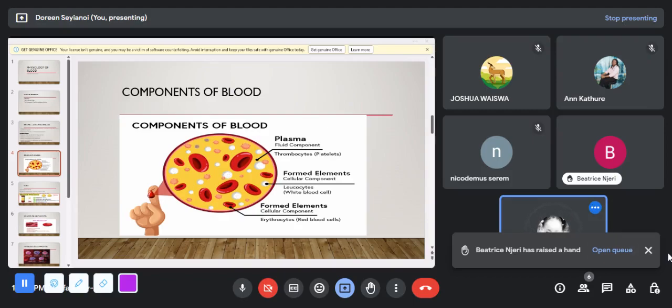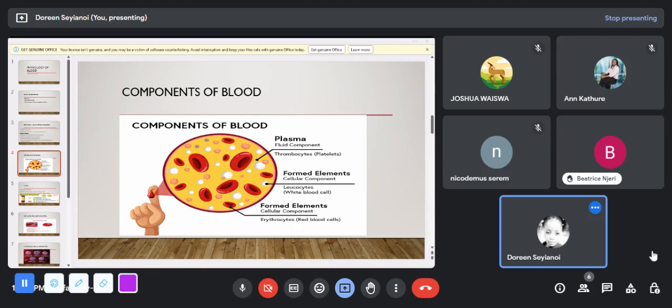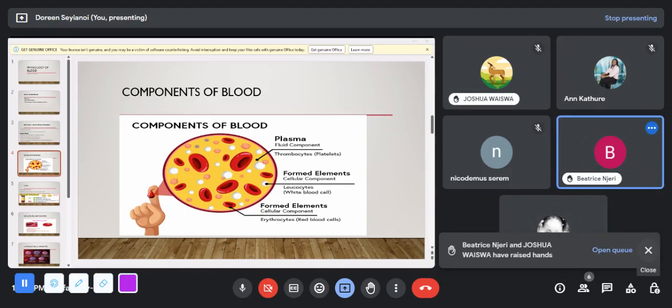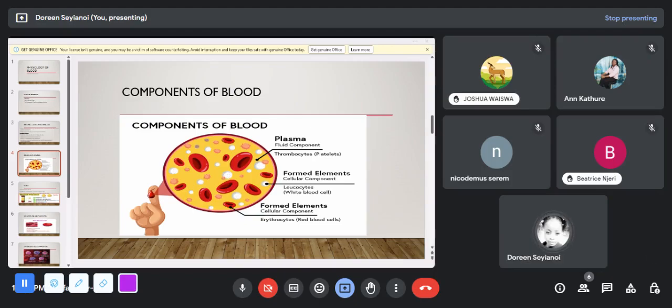Any other? I'm saying someone give us some of the components of blood.